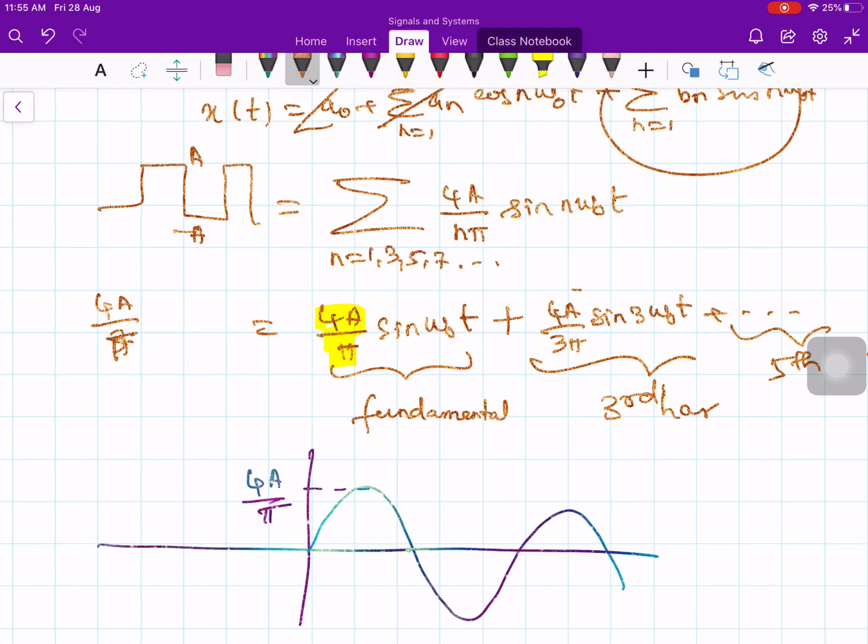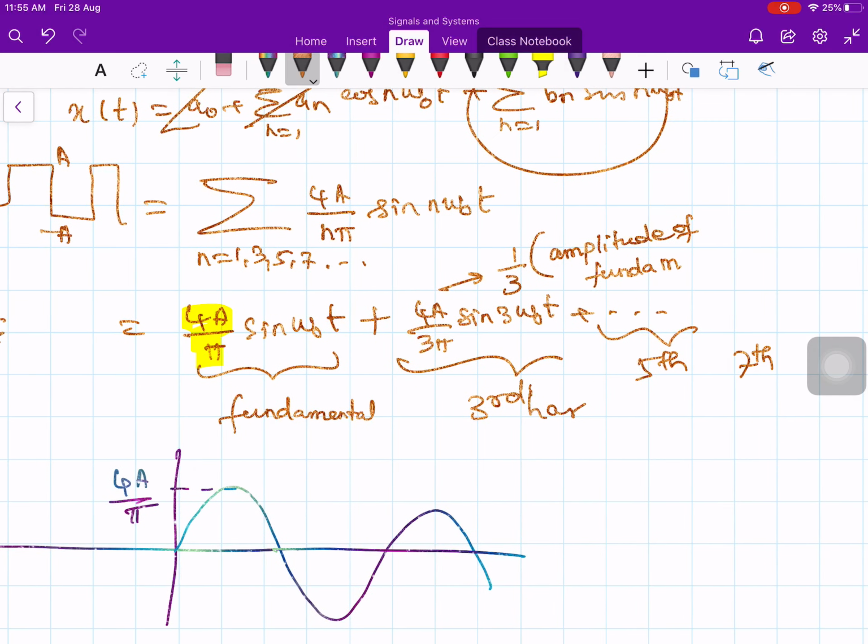That means this is 1 over 3 times the amplitude of the fundamental component, right? That means the third harmonic has less magnitude compared to the first harmonic.